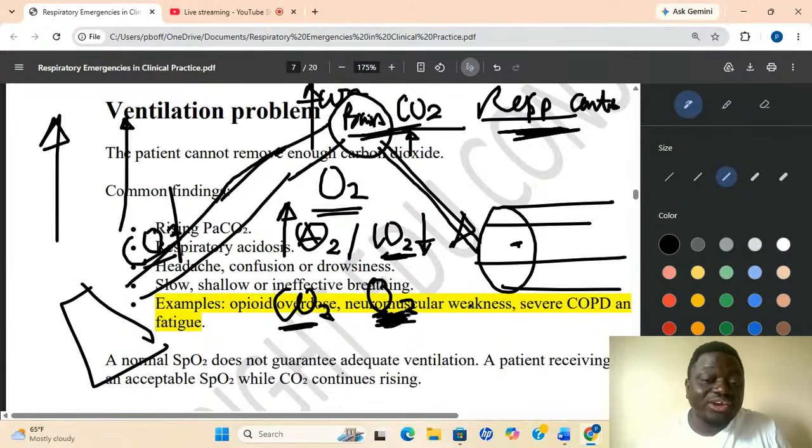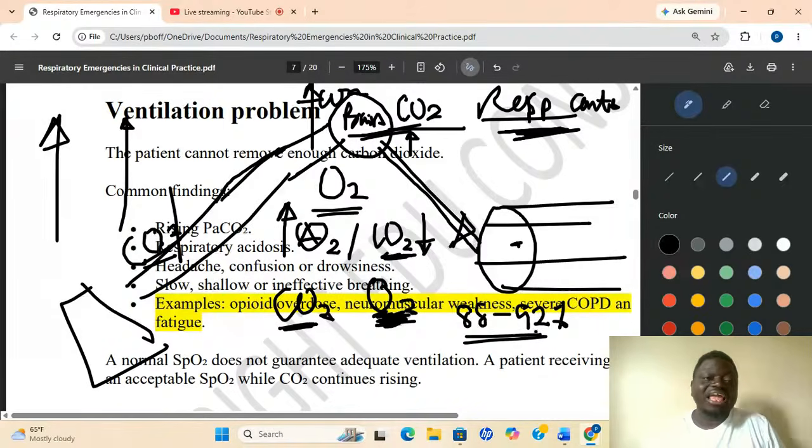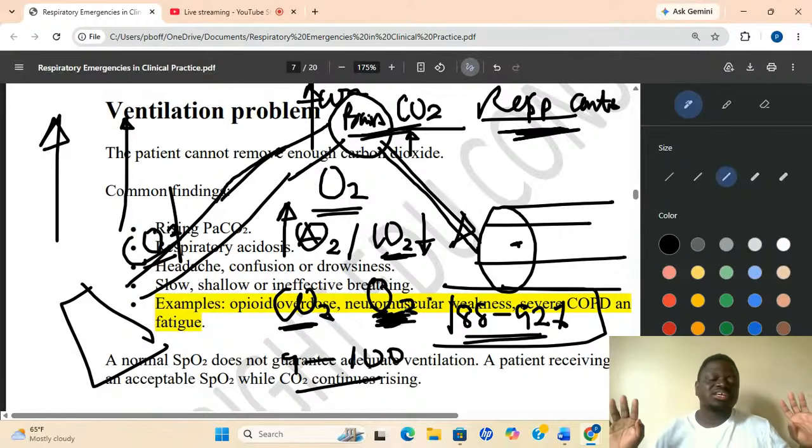So they do very well at 88 to 92 saturation. Unlike you and I, whose brain expects a saturation of 95 to 100, COPD patients' brains keep them here and they are okay, and there is balance.